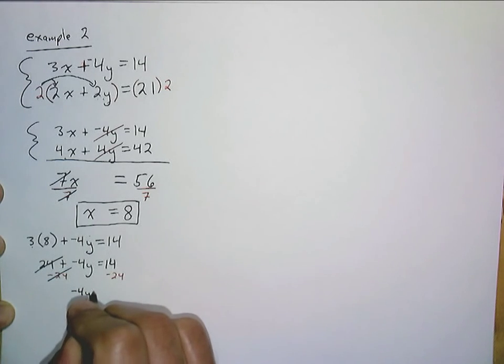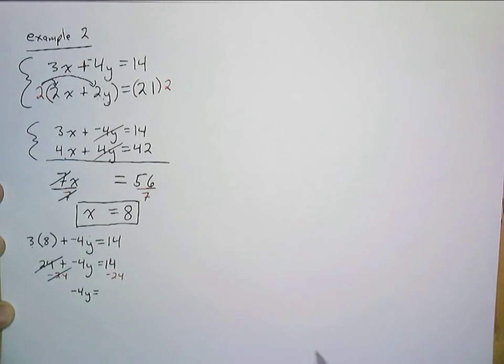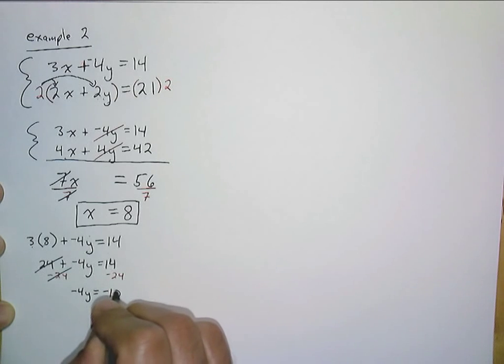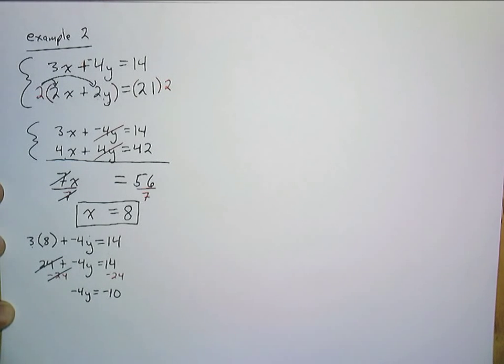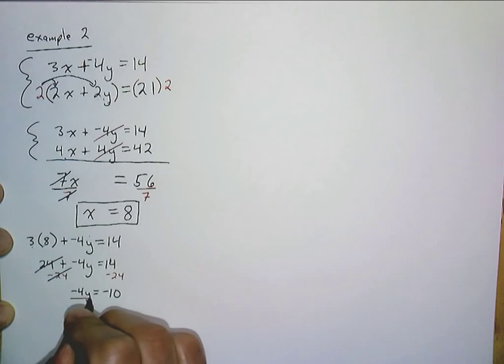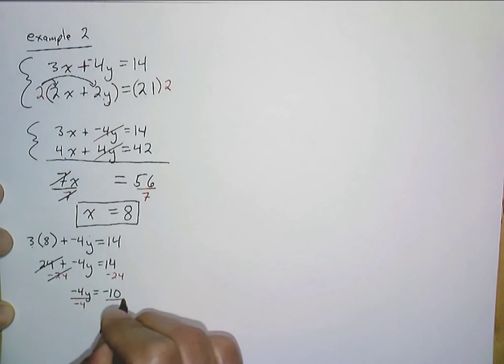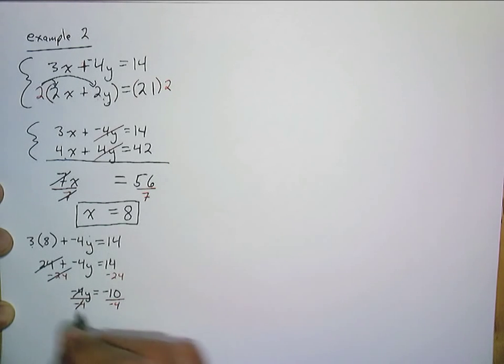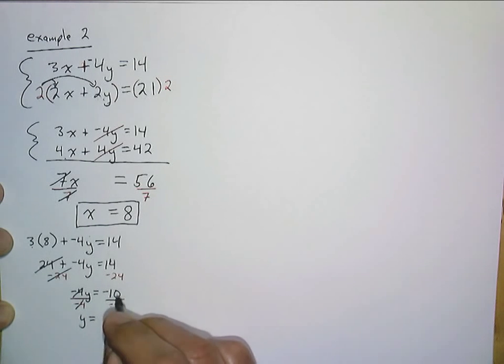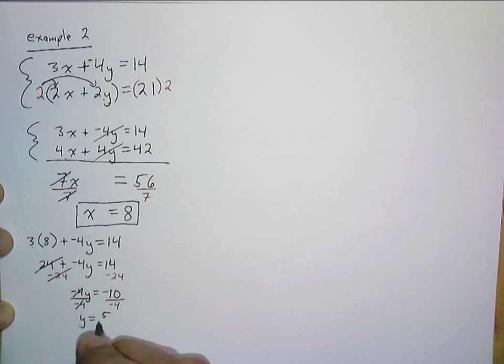Negative 4y is equal to 14 minus 24 is a negative 10. Then we've got to undo this multiplying by negative 4. And we get y is equal to, well, these negatives are going to cancel out. 10 divided by 4, that's 5 halves.